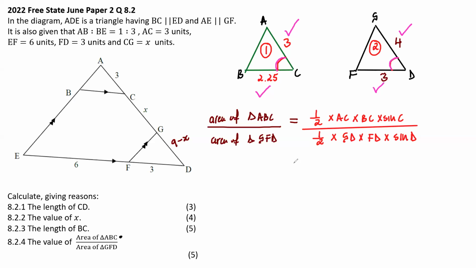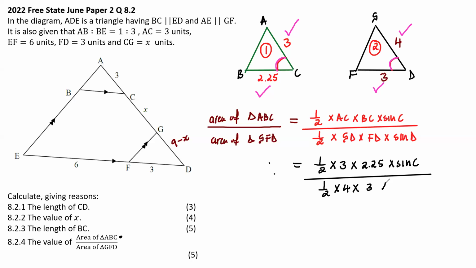Let's put numbers and see if it works. AC, you are 3. BC, you are 2.25. Sine C, I don't even know what C is, but it's fine. Then over, half, GD, you are 4, FD, you are 3, times sine D. We don't know what C is and we don't know what D is.